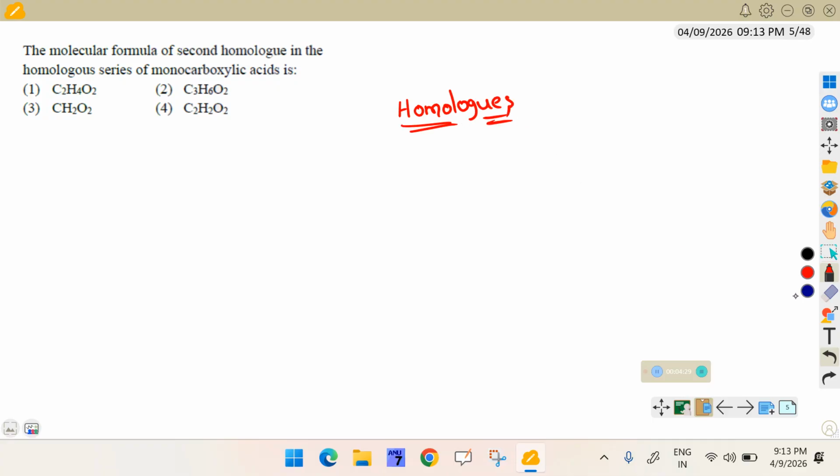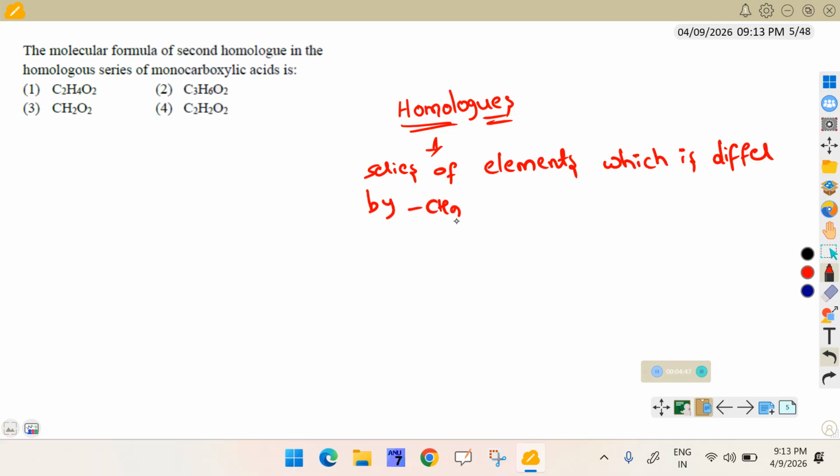A series of compounds which differ by a CH2 group is called a homologous series.